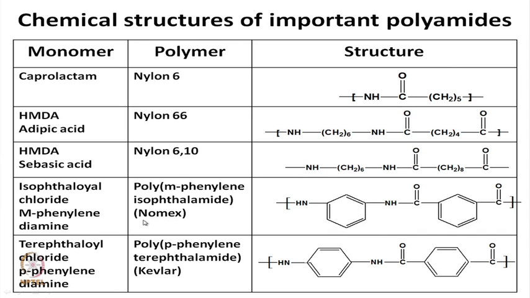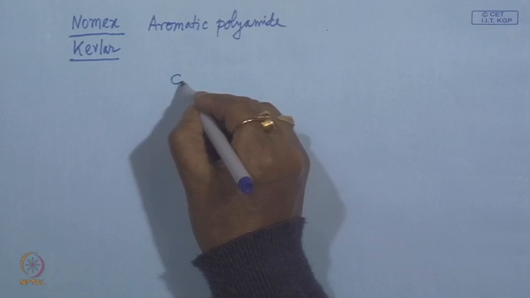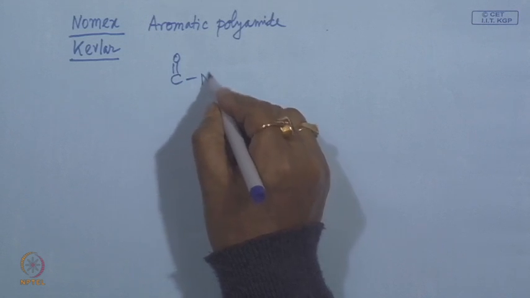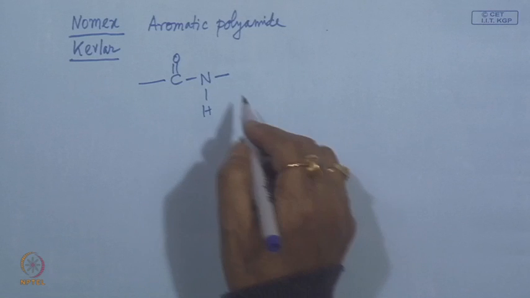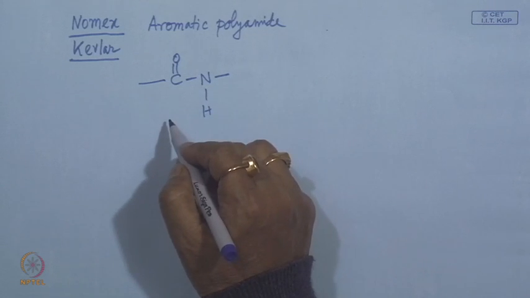As I mentioned the name of Nomex, which is aromatic polyamide, basically such aliphatic or aromatic polyamides both contain the amide linkage. The CONH is the amide linkage. If this kind of linkage is present in a polymer, we call that a polyamide.